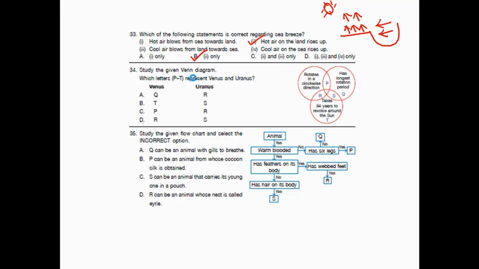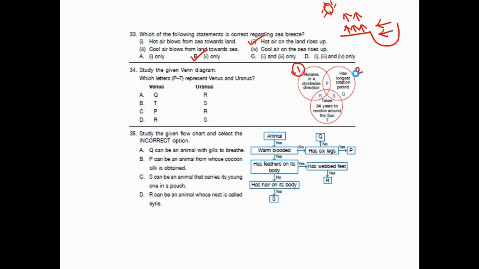Coming to question number 34. We have a Venn diagram here, and we have to find out which letters P to T represent Venus and Uranus. Here we can see the first circle says rotates in a clockwise direction.